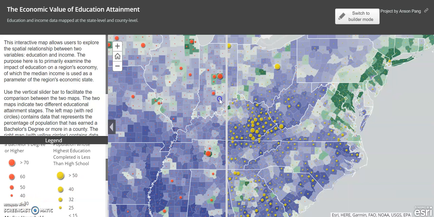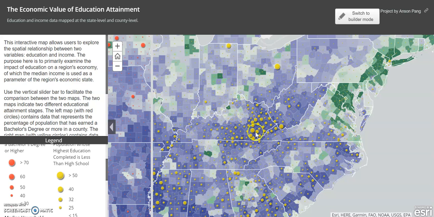So on the right map, I have used a different color to illustrate a different educational attainment stage, where yellow circles are used to illustrate the percentage of a population that does not have a high school diploma.